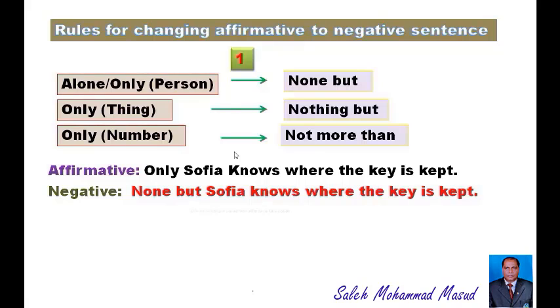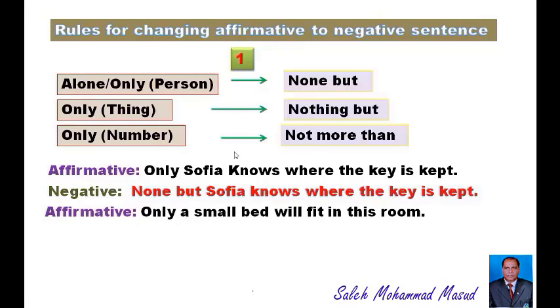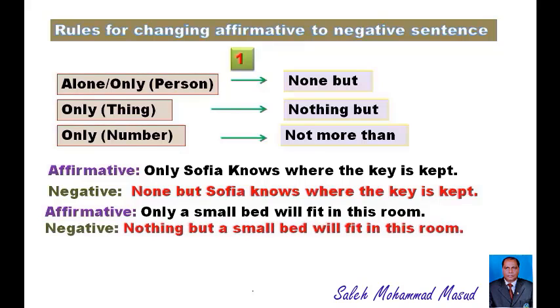Next example, only a small bed will fit in this room. Here, the word only points to an object, a small bed. So we have to use nothing but, and the answer would be nothing but a small bed will fit in this room.